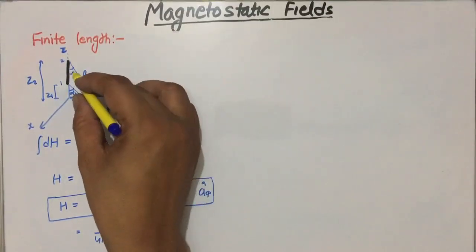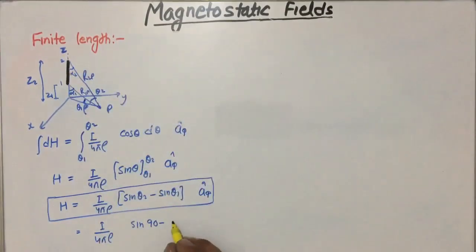The sum of this and this will be 90, so theta 2 can be written as sine of 90 minus alpha 2, minus, similarly, sine of 90 minus alpha 1.